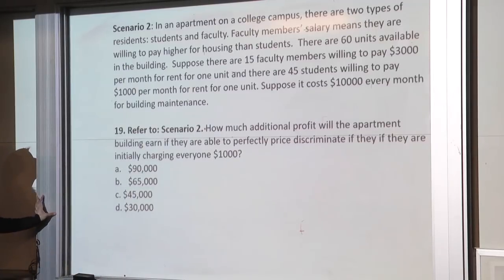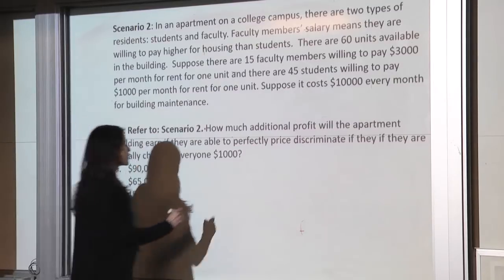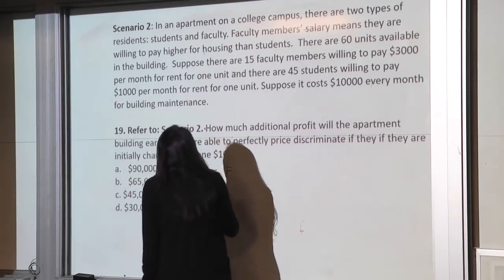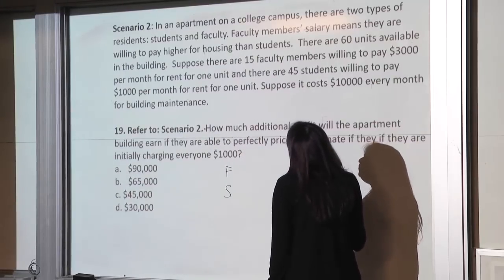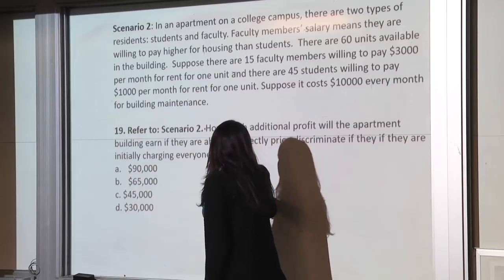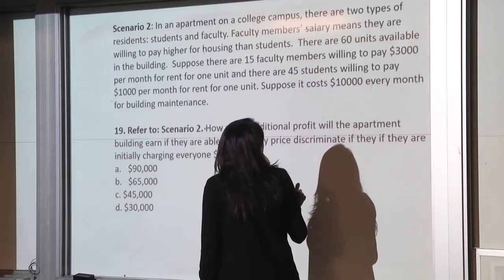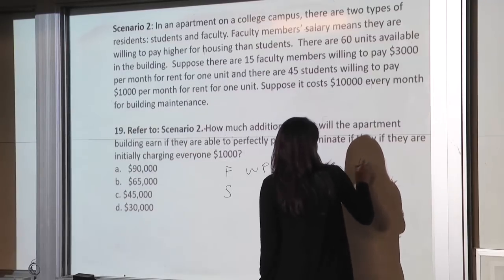Okay, question 19, scenario 2. In an apartment on a college campus, there are two types of residents: faculty and students. Faculty members' salary means they are willing to pay higher for housing than students. There are 60 units.